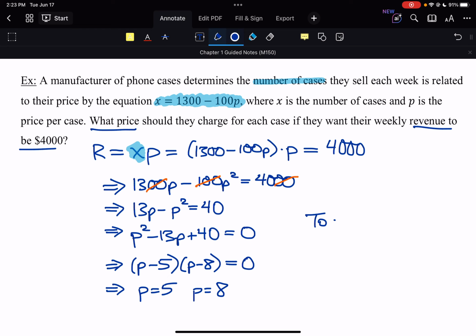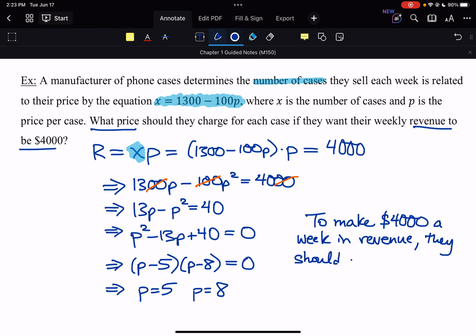So we can say to make $4,000 a week in revenue, they should charge $5 or $8 per case.